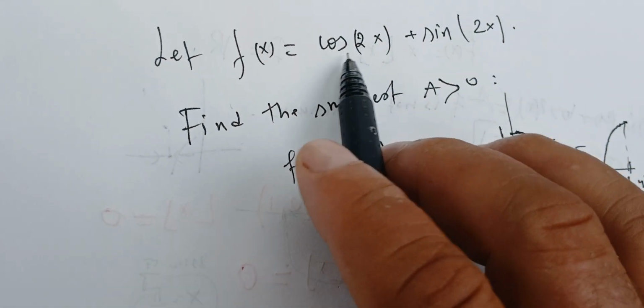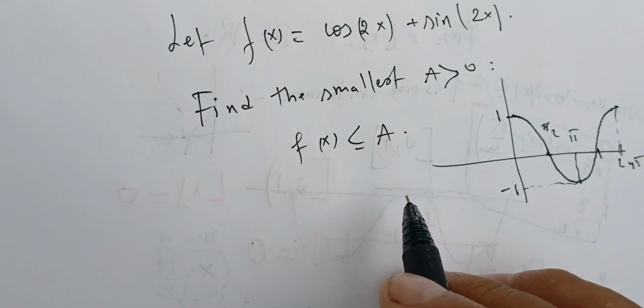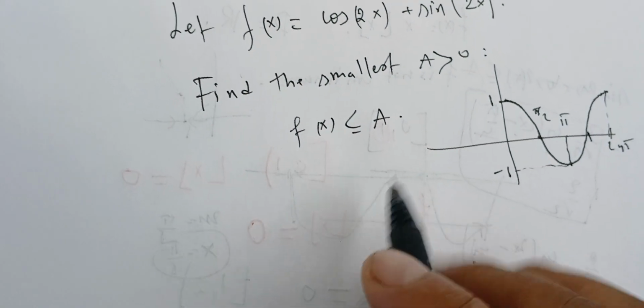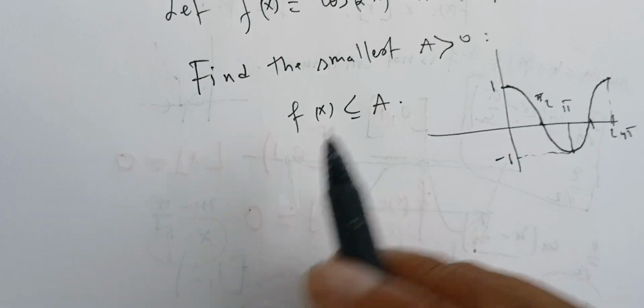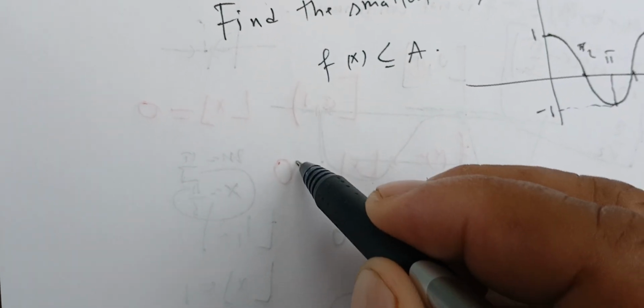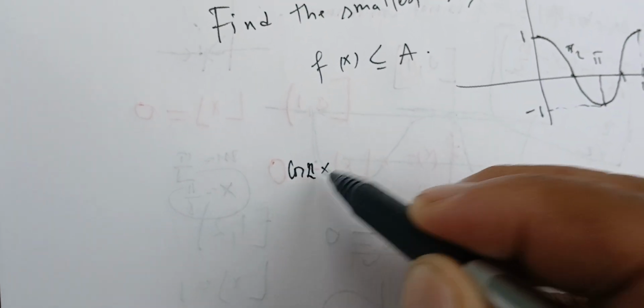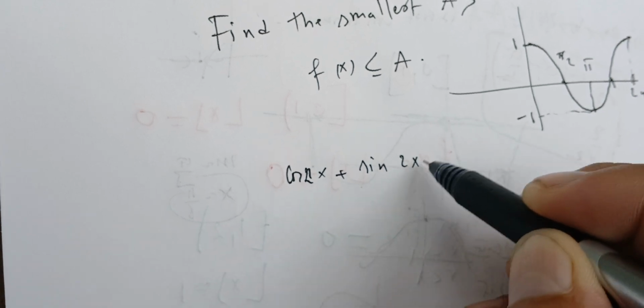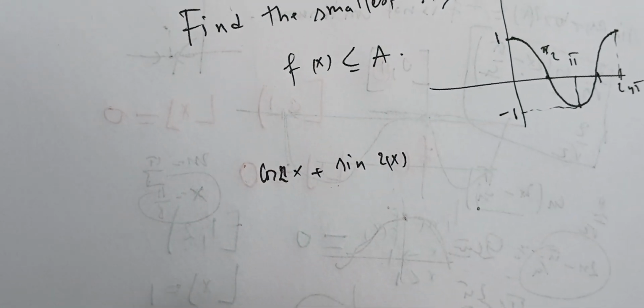Another way of writing this is that we can rewrite the expression cosine 2x plus sine of 2x.